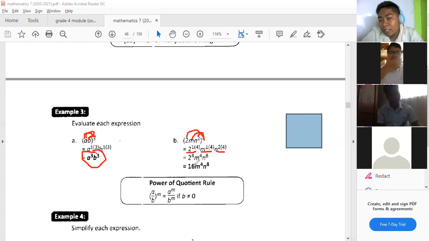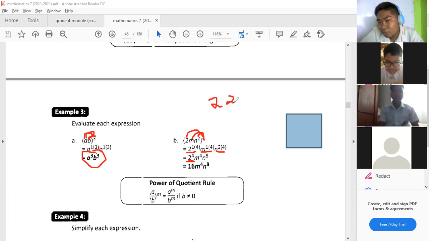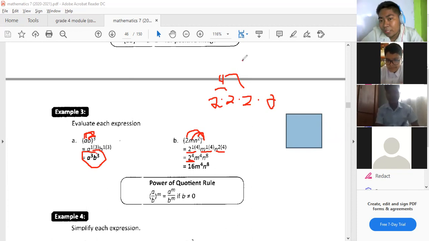Ngayon, isimplify mo si 2 raised to 4. That would be 2 times 2 times 2 times 2. So, ilan yan? 2 times 2, that would be 4. Tama? 4 times 2, that would be 8. 8 times 2, that would be 16.